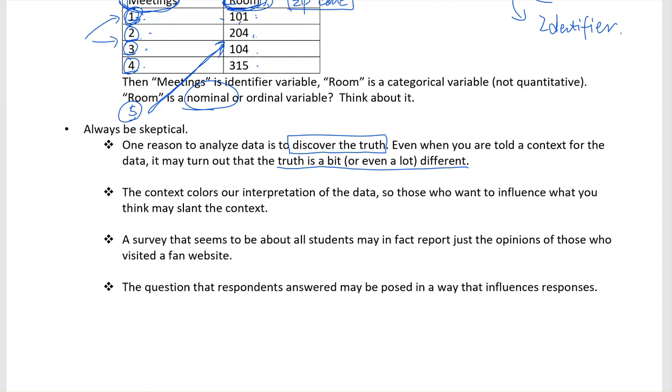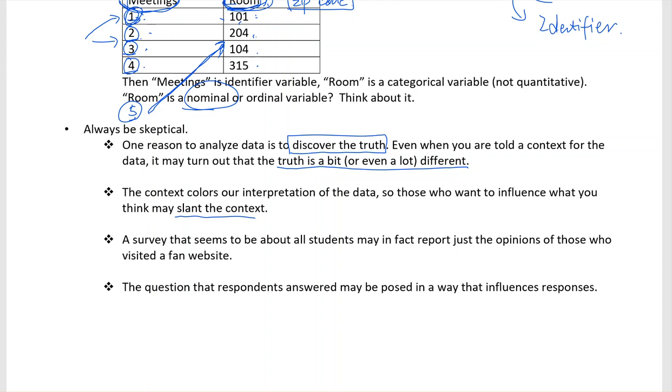Next, the context colors our interpretations of the data. Those who want to influence what you think may slant the context. So you need to be careful about it. Don't be fooled.